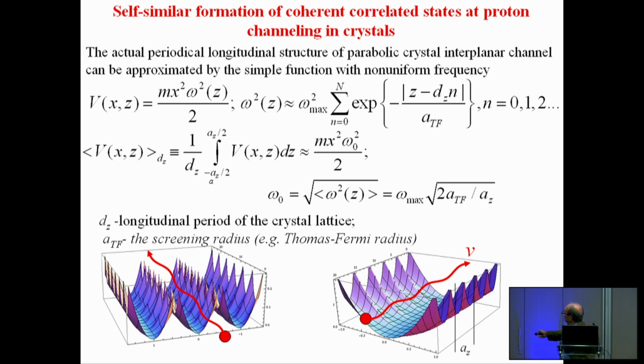For example, if a proton moves through the crystal lattice of a lithium fragment, it is the same as having an oscillator with modulated frequency. The modulation is easy to calculate.